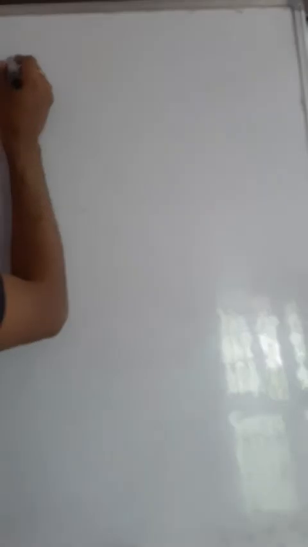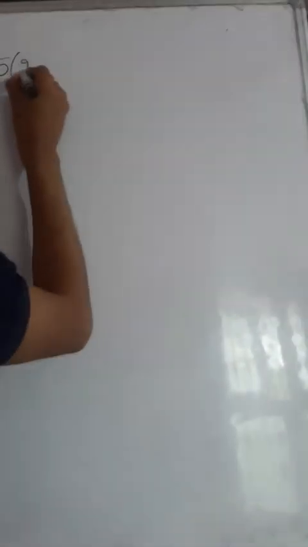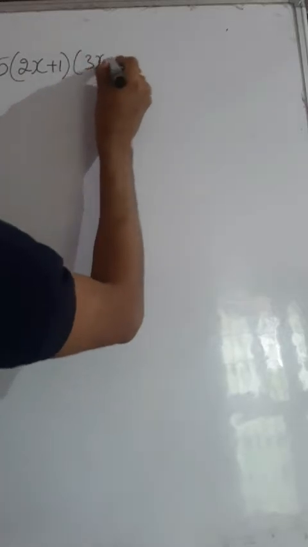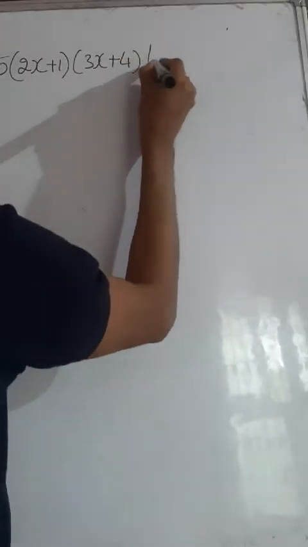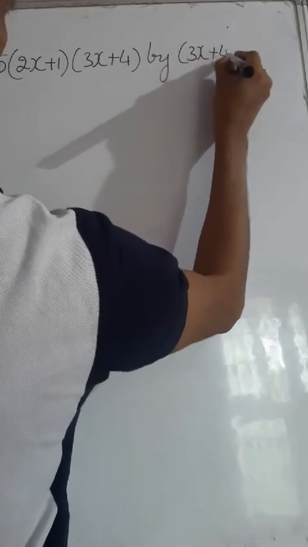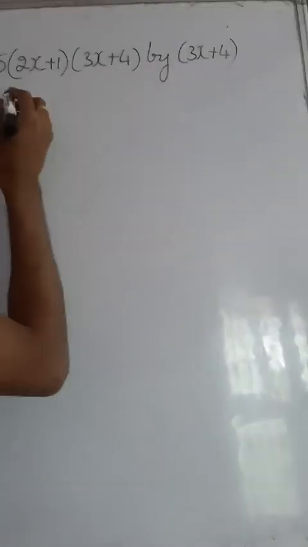Hope this is enough. If you solve one more sum, if it is enough. Okay, so 5 (2x plus 1) into (3x plus 4) by 3x plus 4. Very simple.